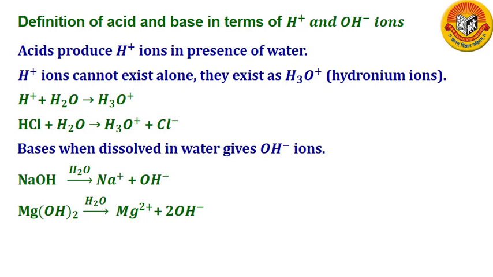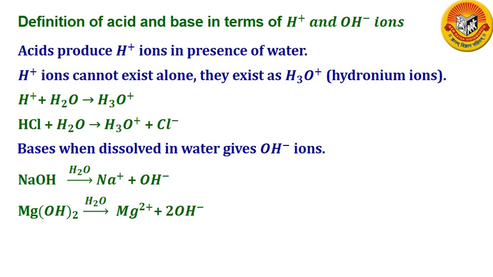Take a second example, Mg(OH)2. When we dissolve this in water, we get Mg2 plus and 2OH minus. Now this 2 plus and minus all come from the valency.